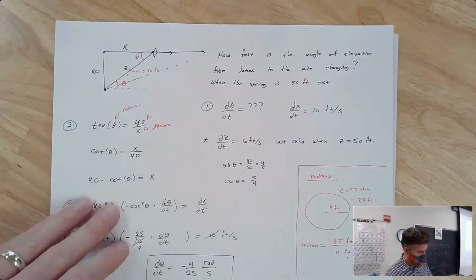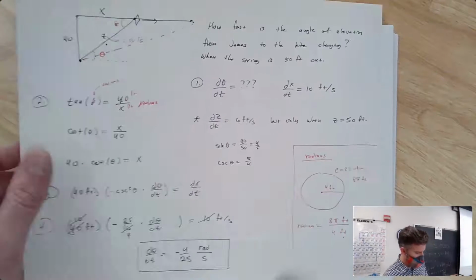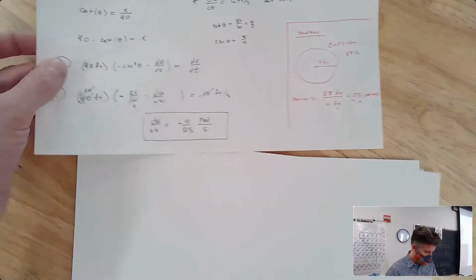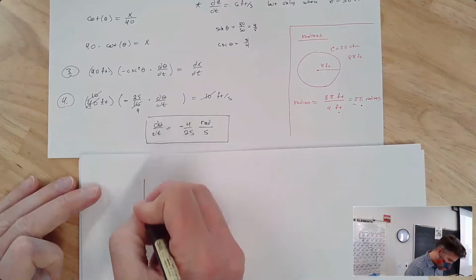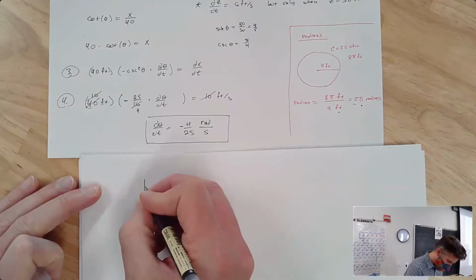I'm not going to do this example, but I'll just point out, I know I've seen a problem recently where you've got like this ladder sliding down a wall. Here's the ladder.